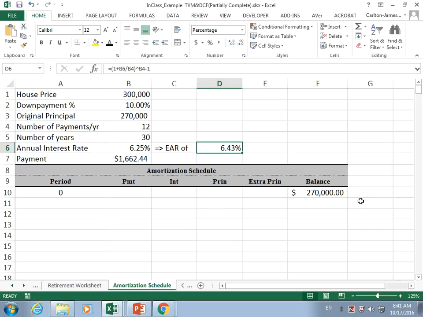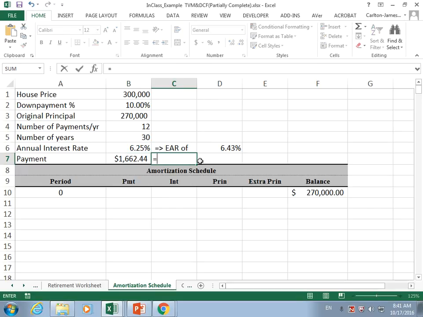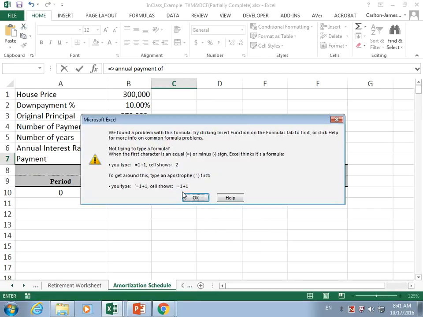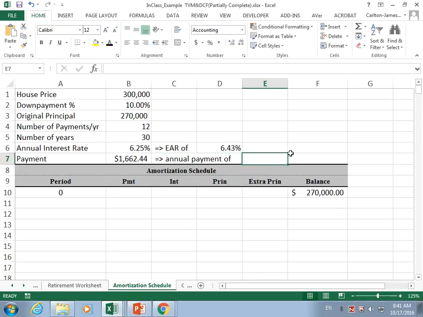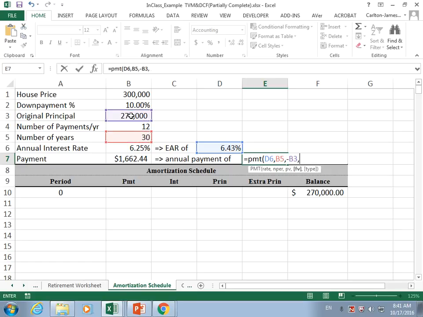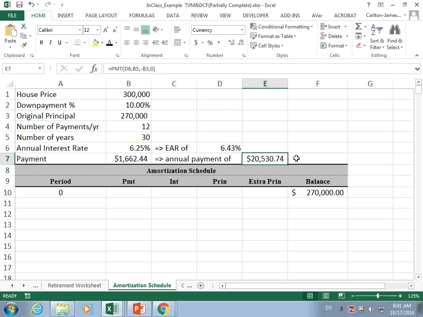And then, of course, our annual payment would be this amount here. This rate, now we're dealing with only 30 years. Our present value is still going to be the same. Our future value is 0. And so this would be the amount.